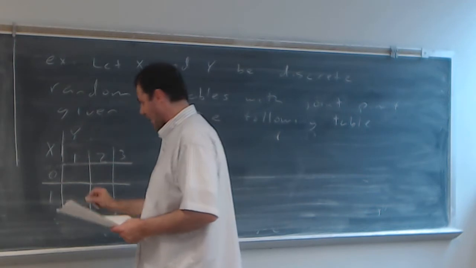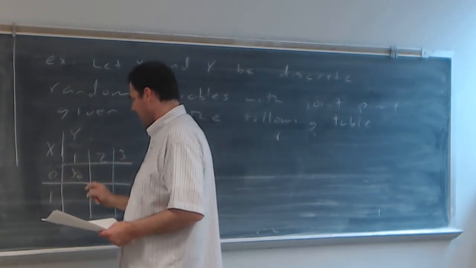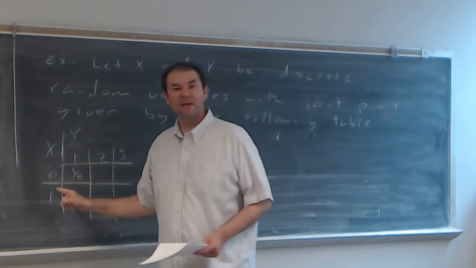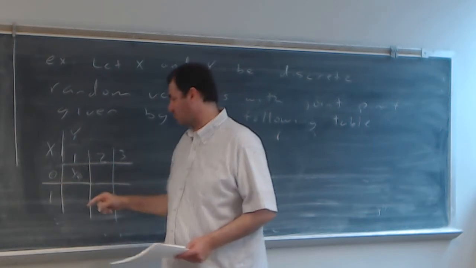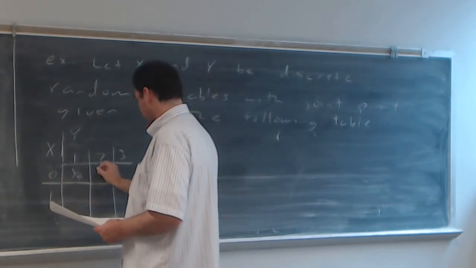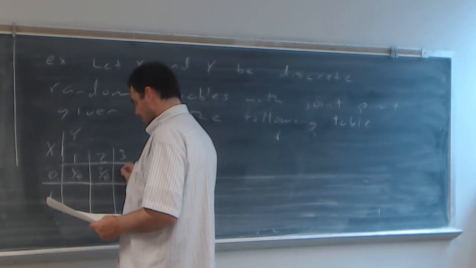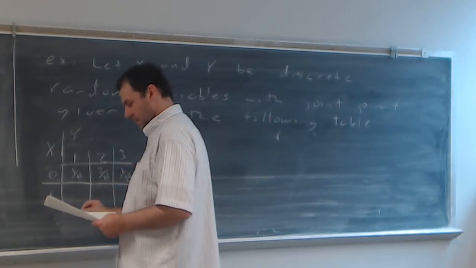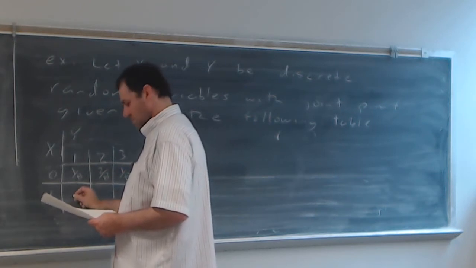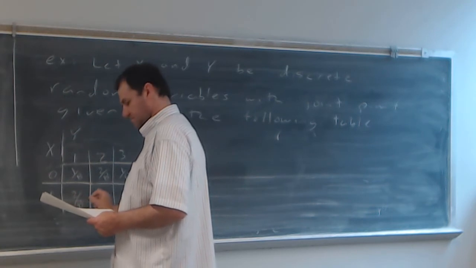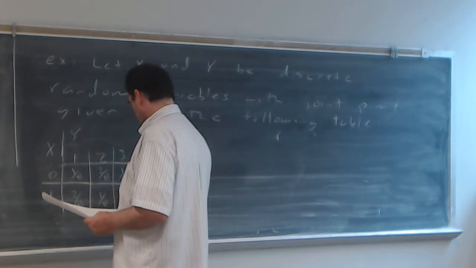And so here's what I have. 1/8 for the joint PMF when x is 0 and y is 1. That's the way that's read. And this is 2/8, and this is 1/8, and this is 2/8, 1/8, 1/8.